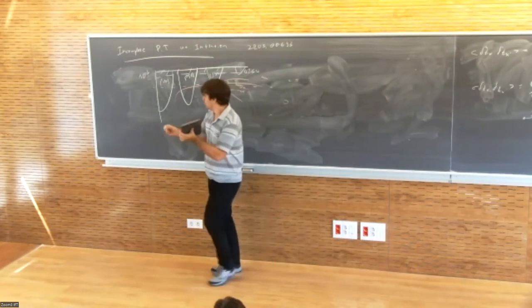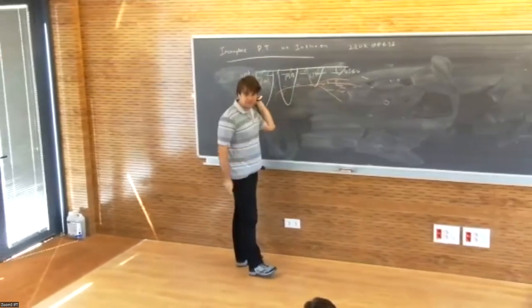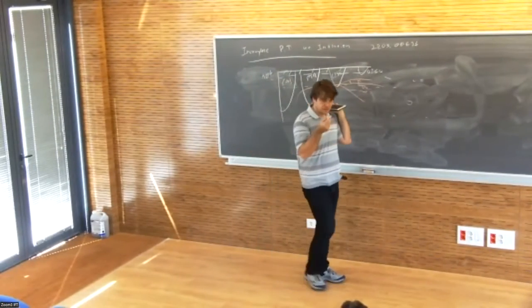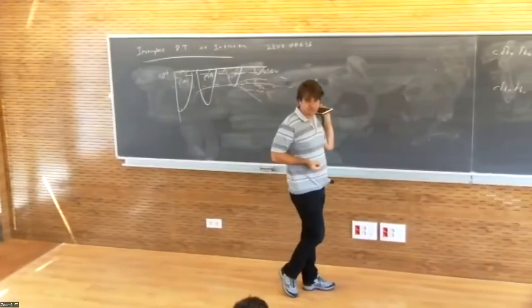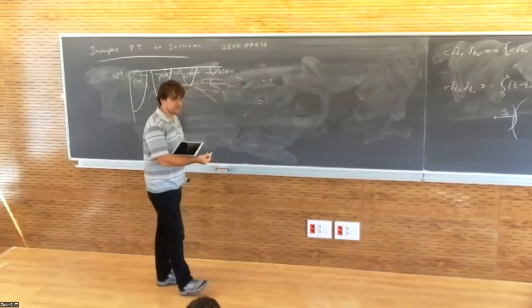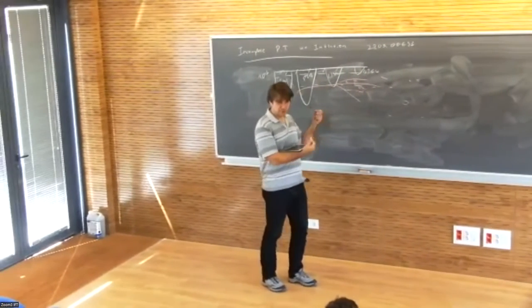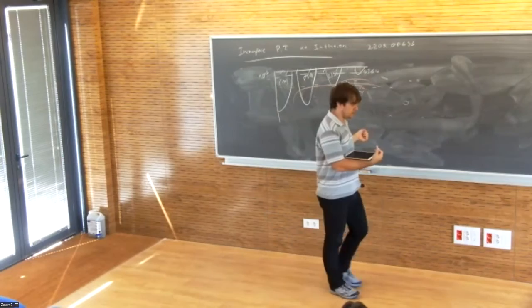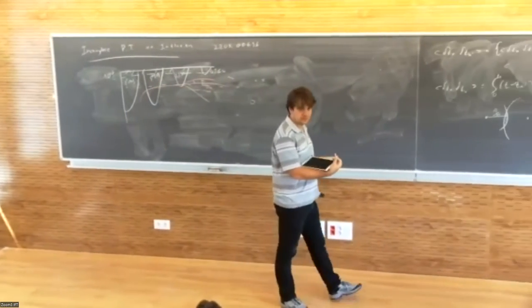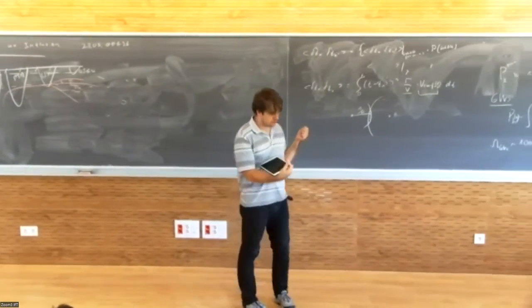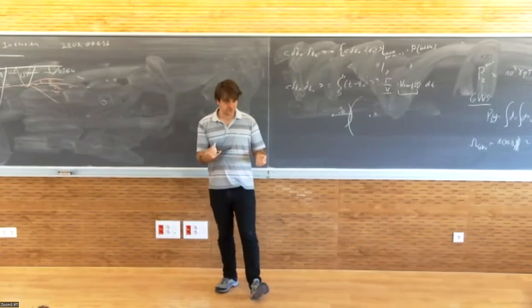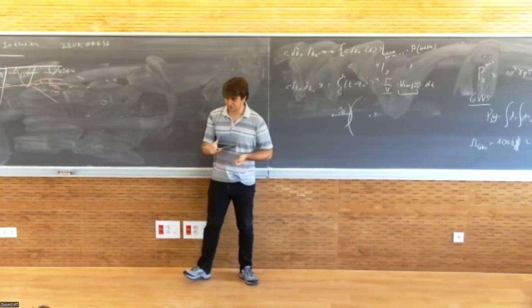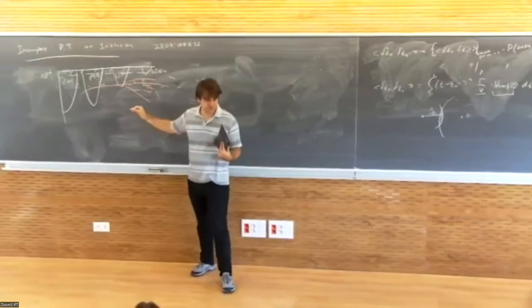Of course, you will not see it here in LISA or PTA, because the most sensitive thing is going to be the CMB itself. But it's very interesting to analyze what the CMB signals from such phase transitions are. It's going to change the B mode spectra that you expect, and it's going to change the non-Gaussianity of the curvature perturbations themselves, and that's one thing we're going to study.